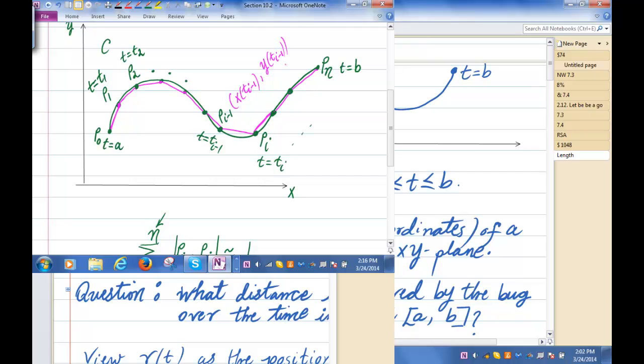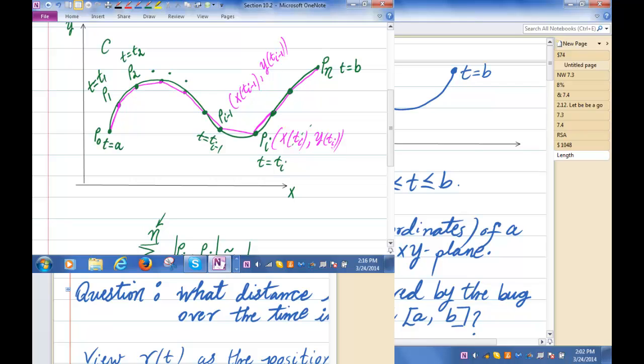Everybody agrees with that? And the coordinates of Pi: the x coordinate would be x of ti, and the second coordinate would be y of ti, because the points on the curve are given by x of t and y of t, right?